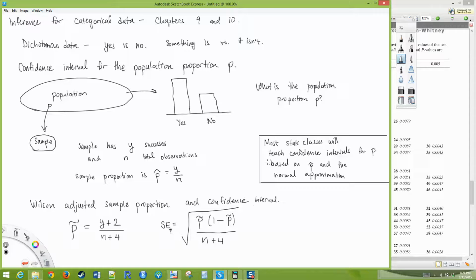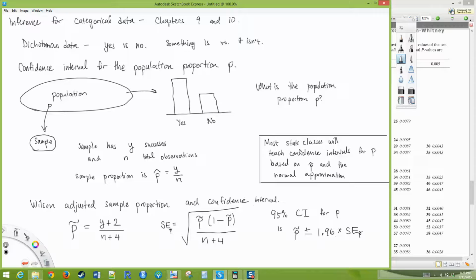And our 95% confidence interval for p based on p tilde is p tilde plus or minus 1.96 times the standard error of p tilde. And this is very similar to confidence intervals for mu based on y bar, right?